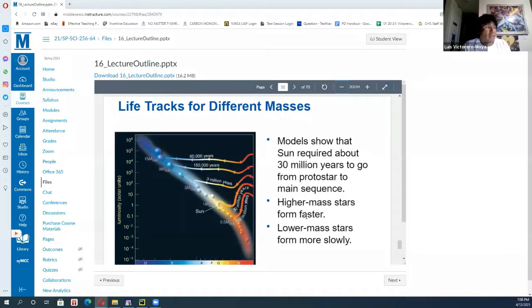However, a star like the sun requires 30 million years to go from protostar to main sequence. That's a long time. And that's without taking into consideration all the time it takes from the fragmentation to become a protostellar disk and then a protostar.